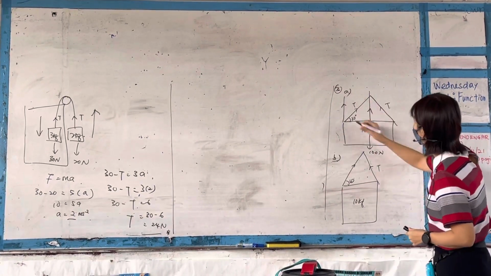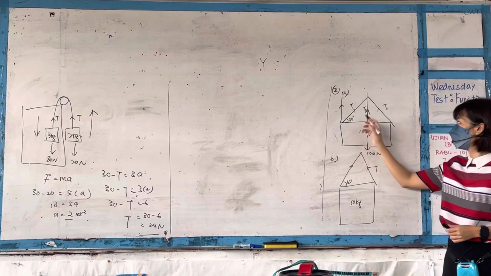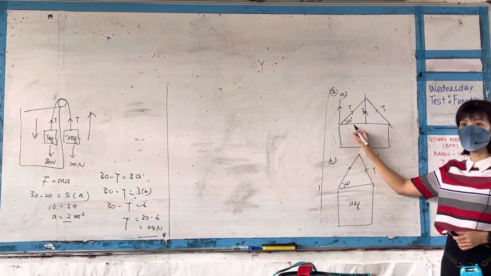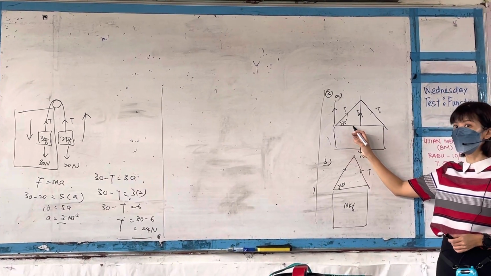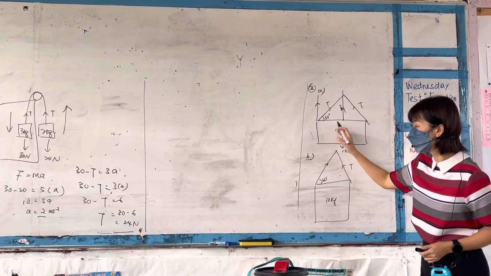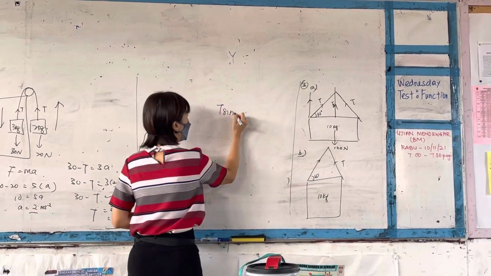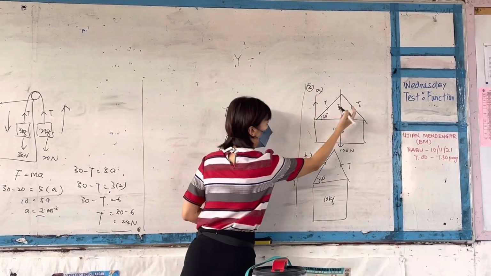How? Let's say this one is T. It is opposite of 30, right? Opposite, do we use sin or cos? Opposite, we use sin. So T sin 30. You have how many strings? 2, right? 2T.